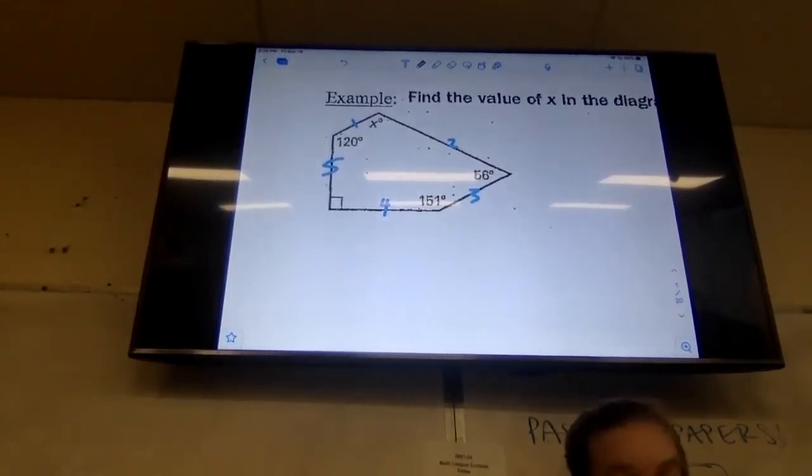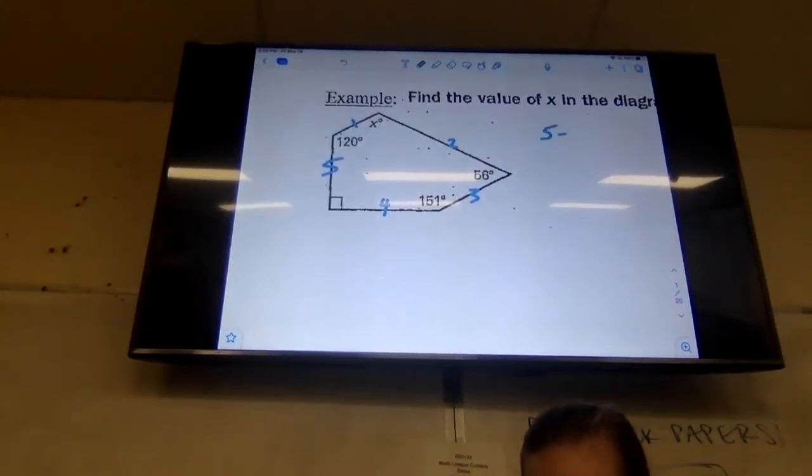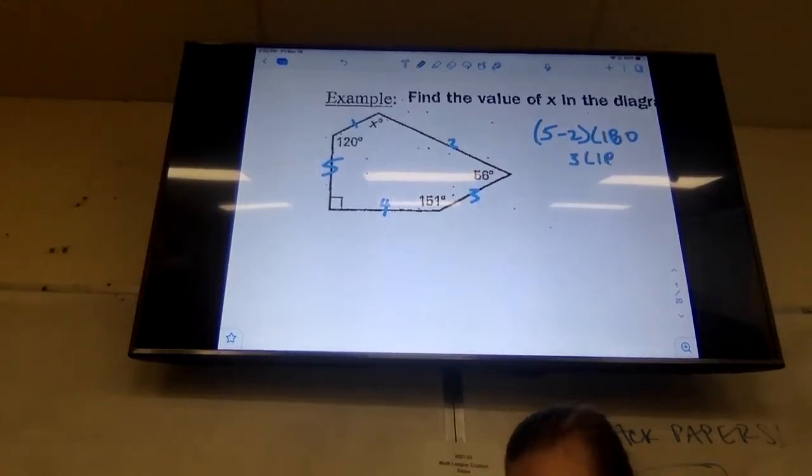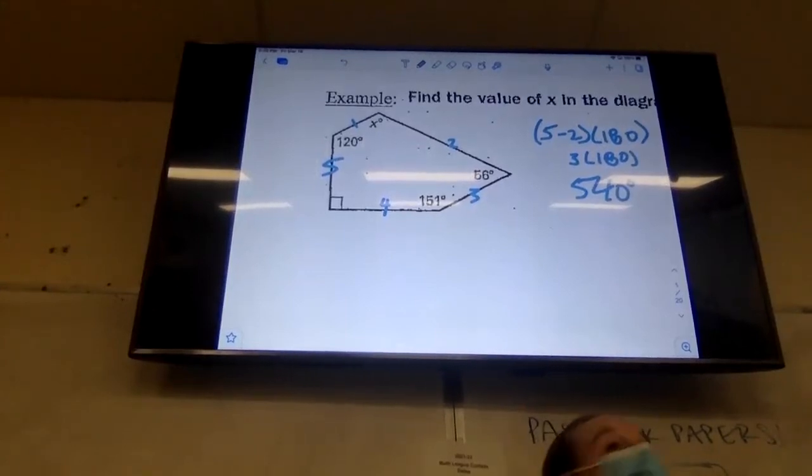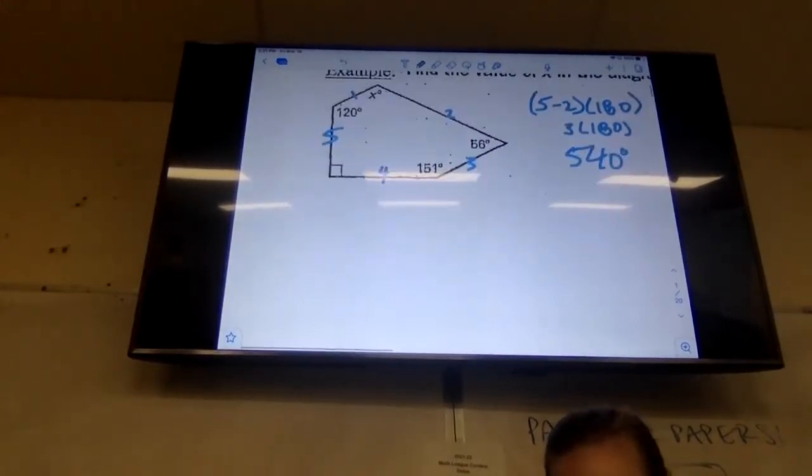And if you didn't know 540 off the top of your head, I would probably do 5 minus 2 times 180. 3 times 180, that's 540. So I'm not adding them up to 360, I'm adding them up to 540 because in a pentagon, I have enough angles to get all the way to 540.